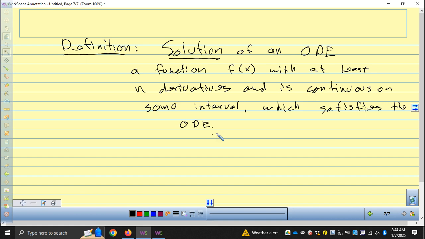So if we have a second order differential equation, we need this function to have at least 2 derivatives, and it needs to be continuous on some interval that satisfies the differential equation.